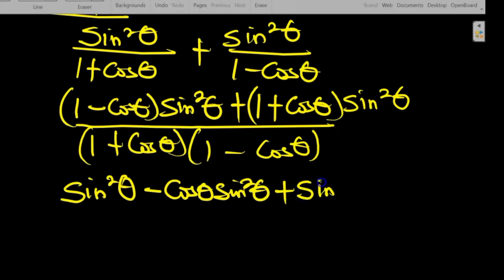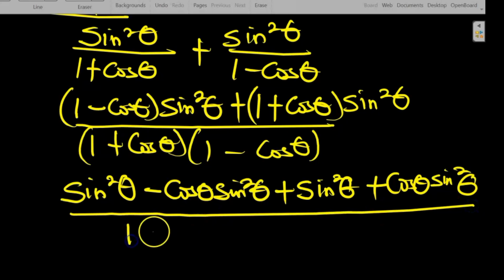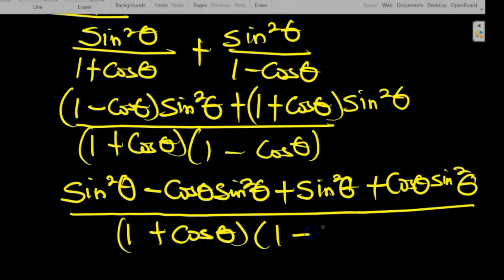We have sin squared theta plus cos theta times sin squared theta is cos theta sin squared theta. Everything over 1 plus cos theta, then 1 minus cos theta.